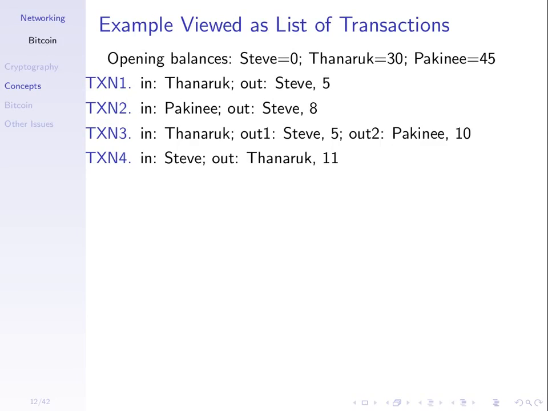So if we know the opening balances and we have this list of transactions, then we know how much everyone has. How much do I have at the end of these transactions?